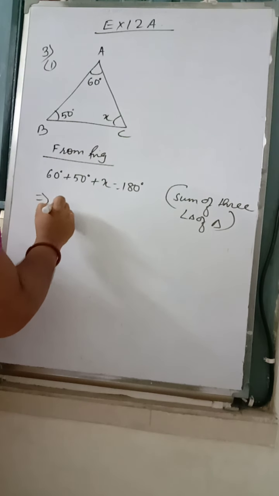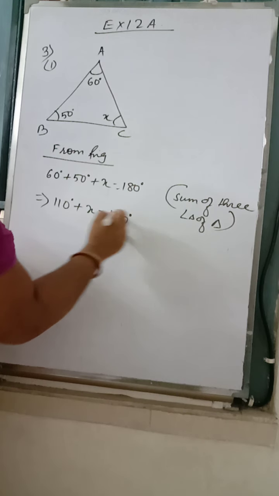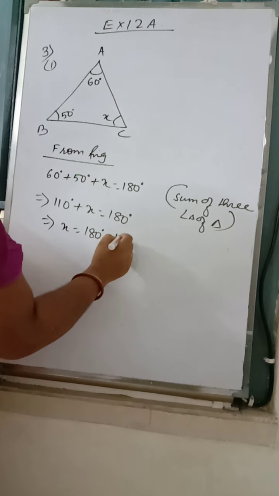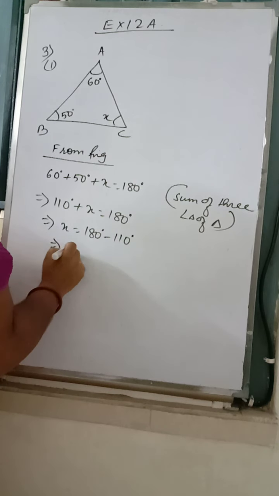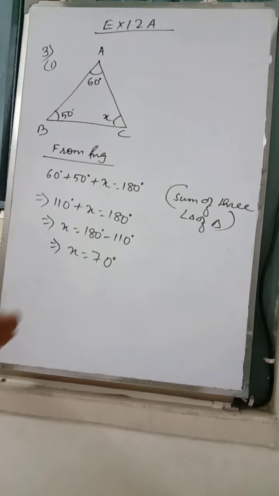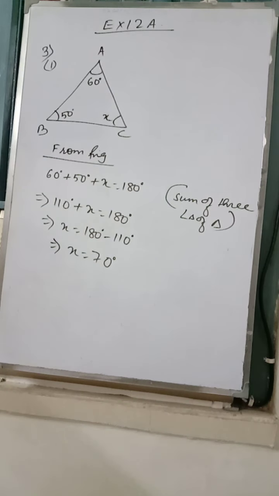It gives you 110 degree plus X is equal to 180 degree, or X is equal to 180 degree minus 110 degree, or X is equal to 70 degree. This much work you have to do after drawing the figure. Clear? You must draw the figure, then you must write it also. Okay? Like that we find the angles which are unknown.